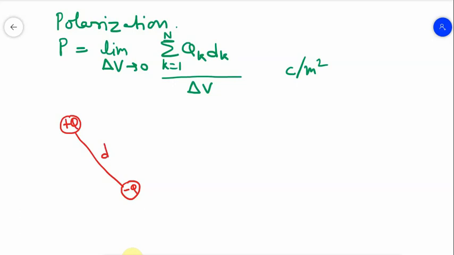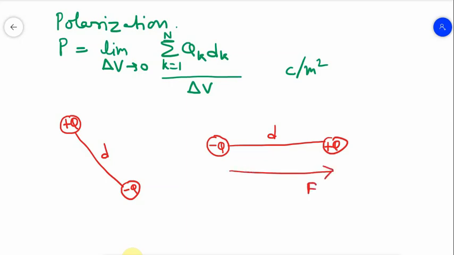Now if we apply an electric field to this, then this dipole will align itself in the direction parallel to E. So if it is subjected to electric field E, it will be oriented like this: minus Q, plus Q, d is the distance, and this is, let's say, the direction of the electric field. So this dipole is aligned in the direction of this electric field E.